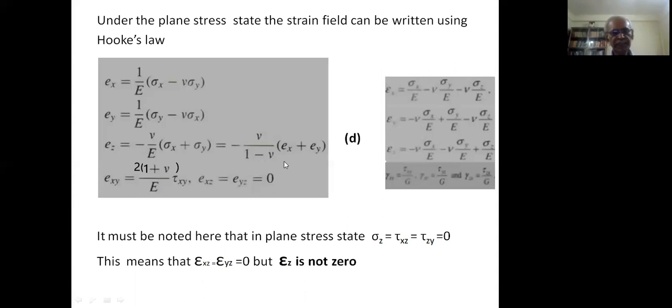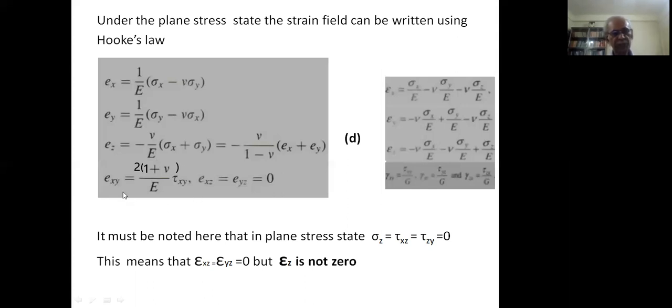We can write it in terms of epsilon x and epsilon y, but this is probably not needed in this case.